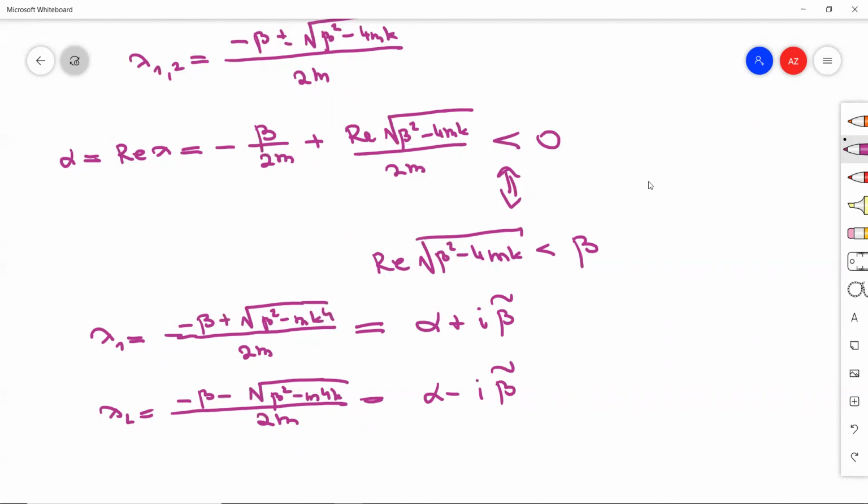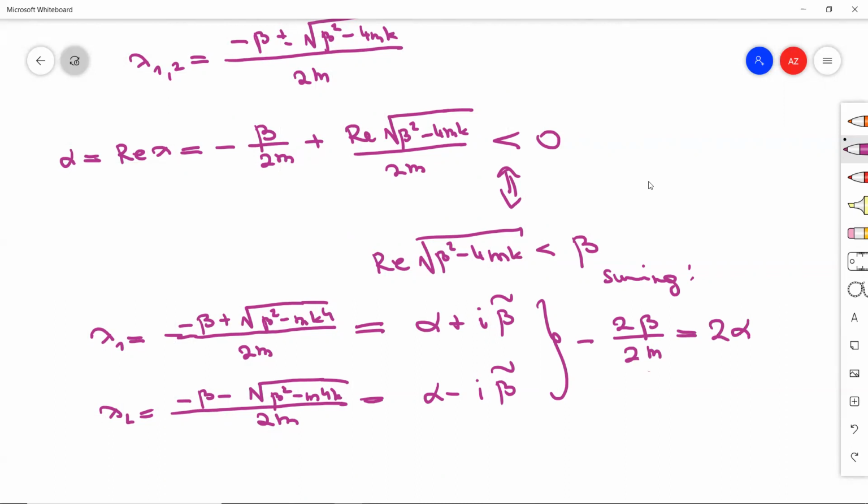So how do we see that alpha is smaller than 0? What can we do with lambda 1 and lambda 2 to get alpha? Sum them, yeah. So if we sum them together, on the left hand side we get minus 2 times beta over 2m, while on the right hand side we get 2 alpha.